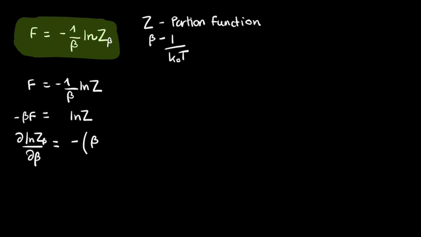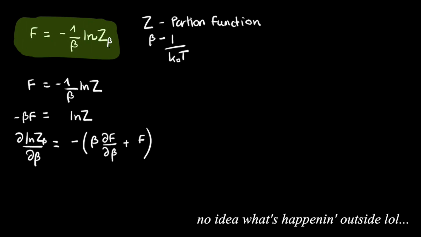So beta we're going to leave alone, and we're going to multiply that by the derivative of F with respect to beta. We're going to add to that the derivative of beta, which is just 1, with respect to beta, times F right there. And that is the derivative of ln Z with respect to beta.